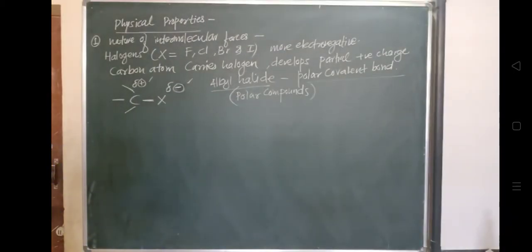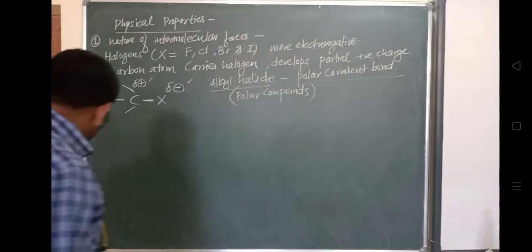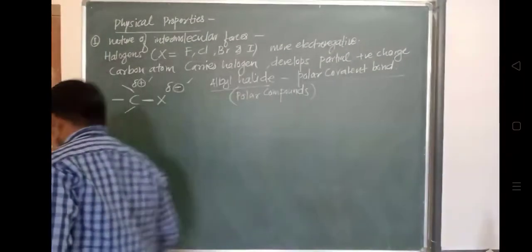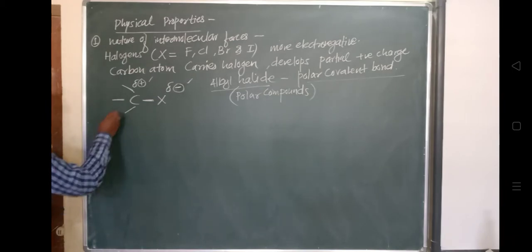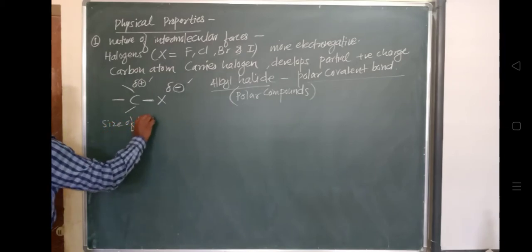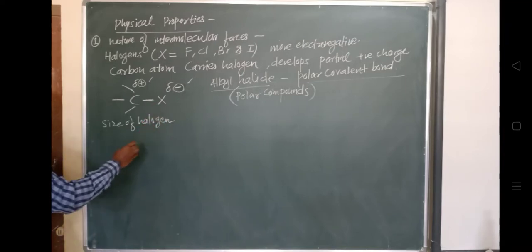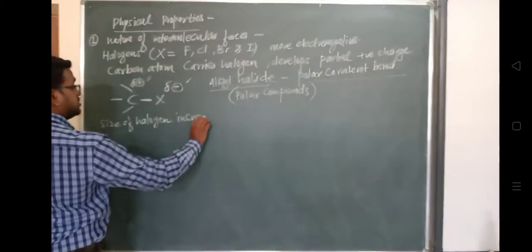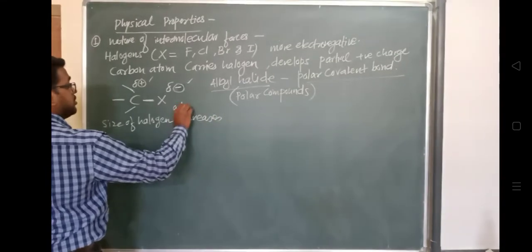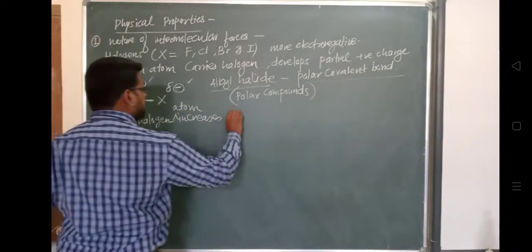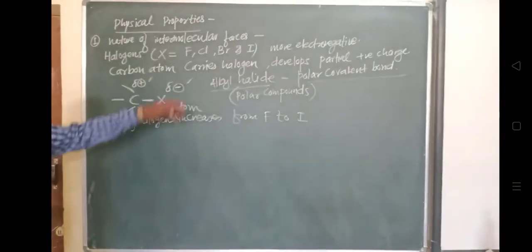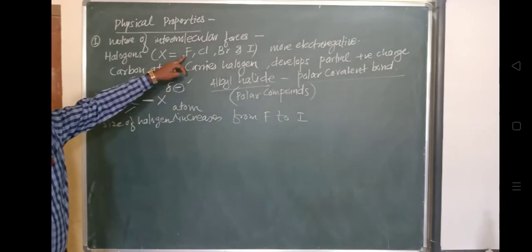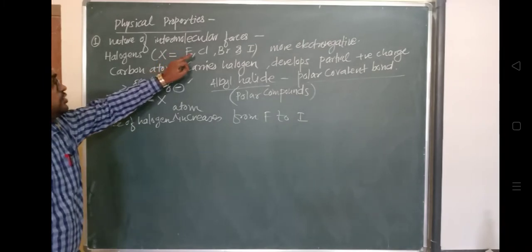Now the size of the halogen atom. The size of the halogen atom increases from fluorine to iodine. The number of shells is increasing, that's why the atom size is also increasing from fluorine to iodine.